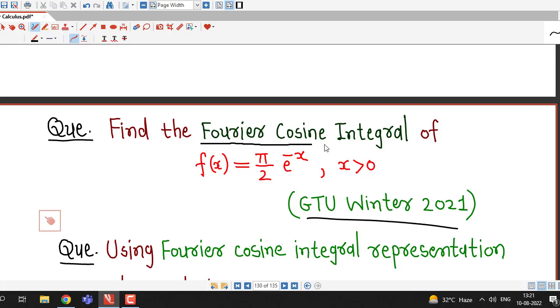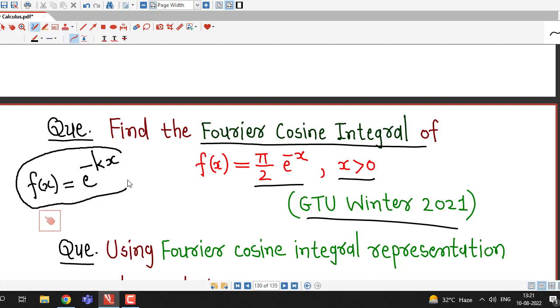You are asked to find Fourier cosine integral of pi by 2 times e raised to minus kx. We have discussed how to find out Fourier cosine integral of e raised to minus kx. So you can do the same procedure for this also. Here value of k is 1 and we are given pi by 2 as a constant multiple, but method is same.